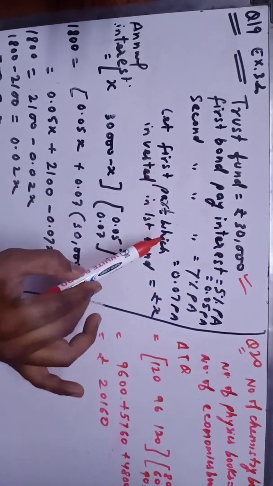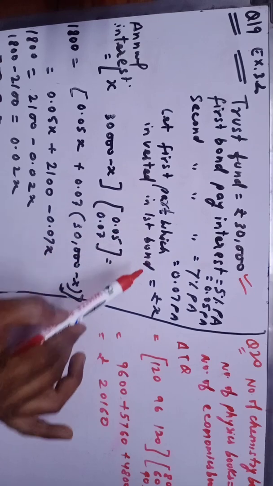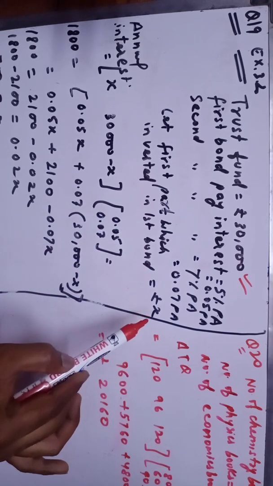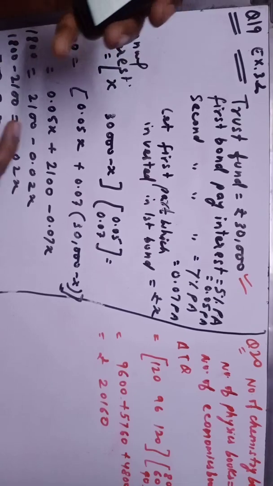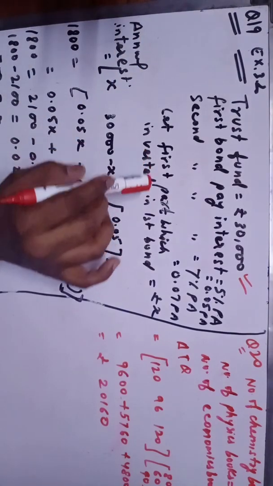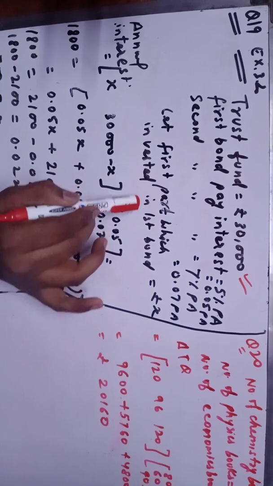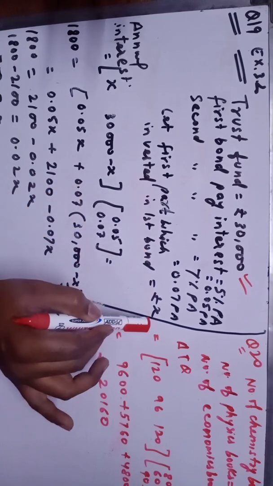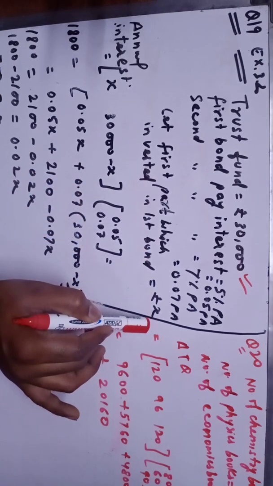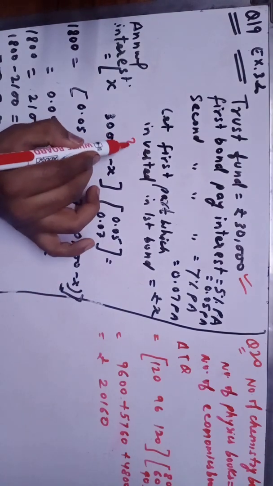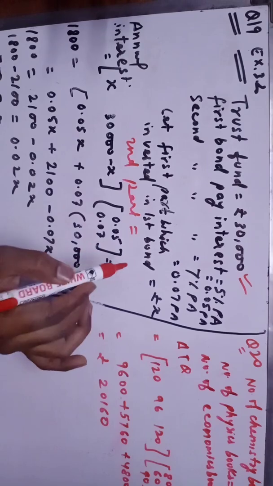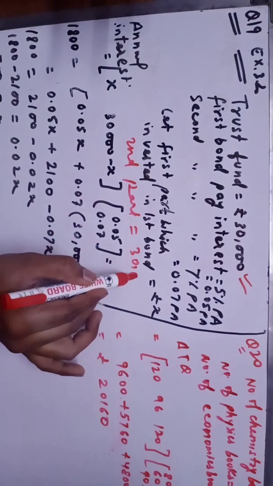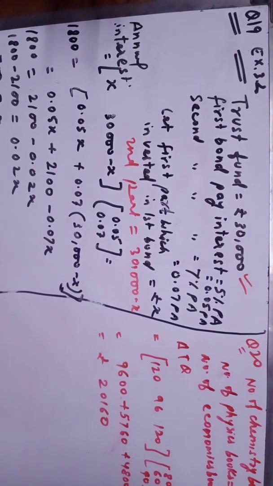Let the first part, which is invested in the first bond, be rupees X, and obviously the second part would be 30,000 minus X.